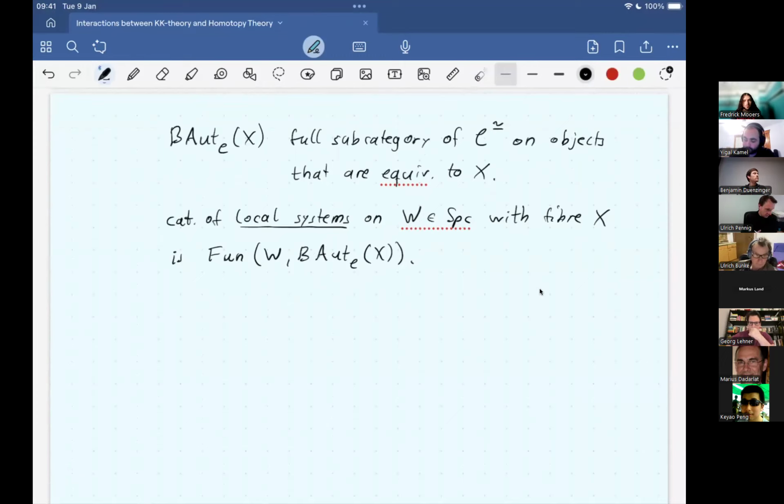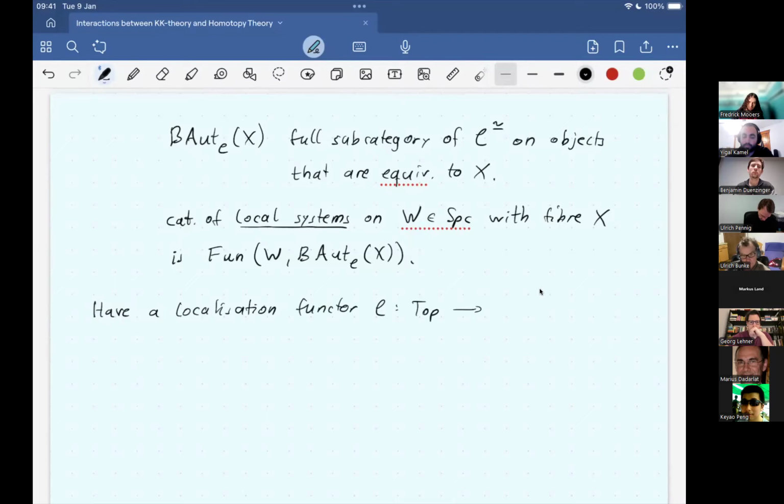And then I still need another ingredient. So I have a localization functor L. We've seen that yesterday as well, from topological spaces to spaces or anima.